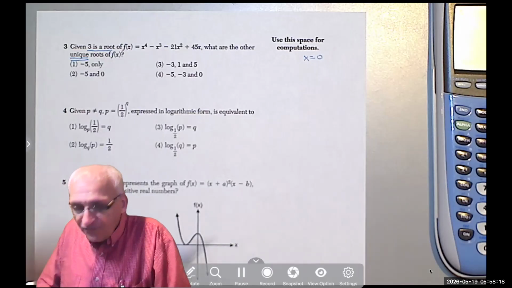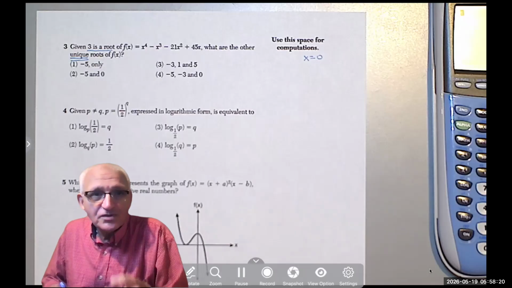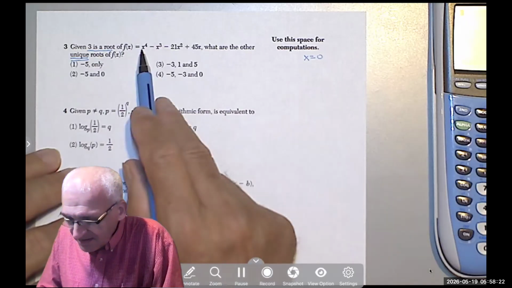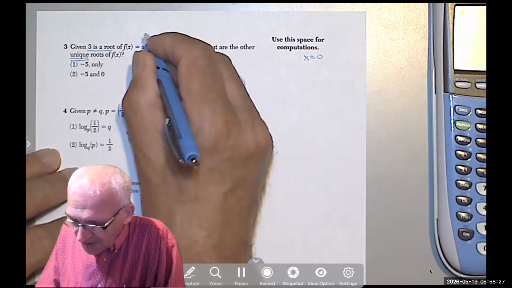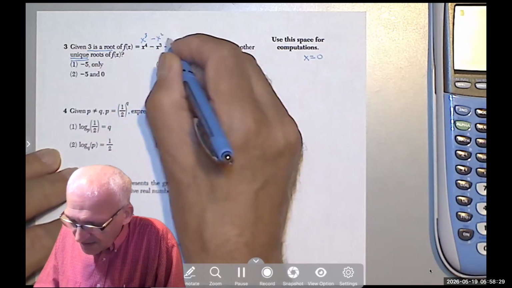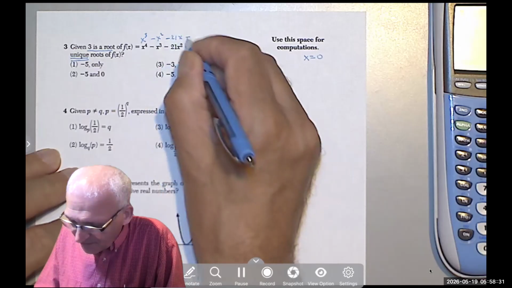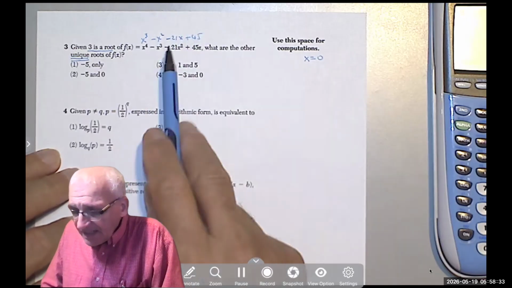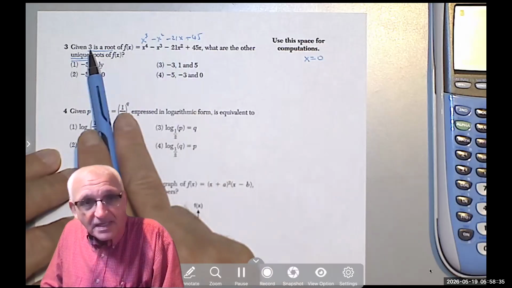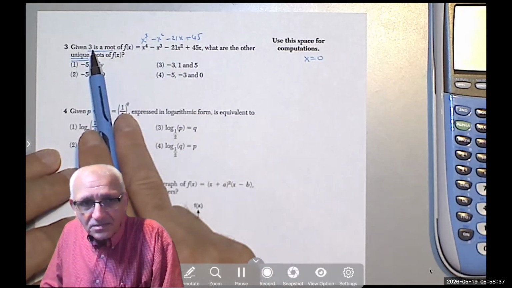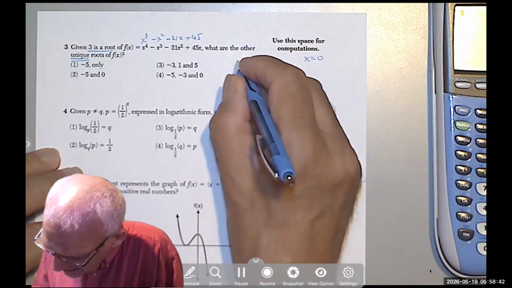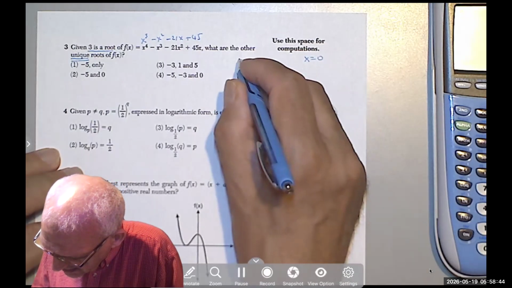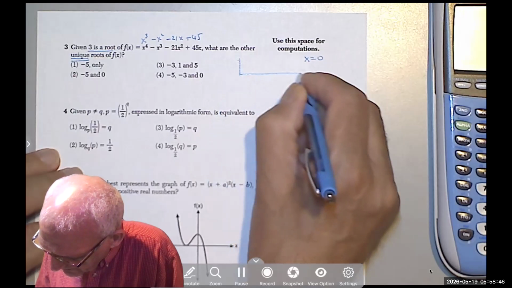Now, to find, if we know that one of the roots is 3, I can divide this equation after dividing by x. So that would be x cubed minus x squared minus 21x plus 45. I can divide this by x minus 3 as a long division, or easier, since they already have the root, I can divide that using synthetic division.